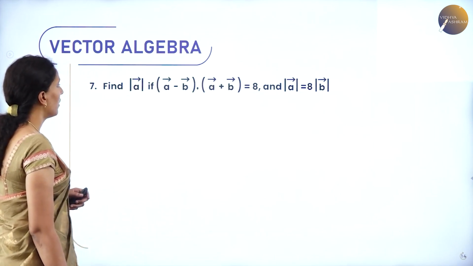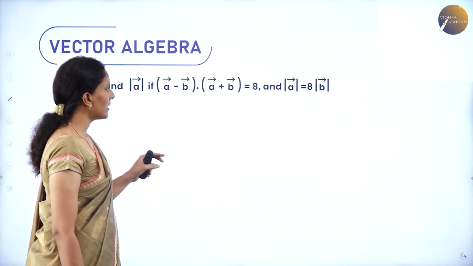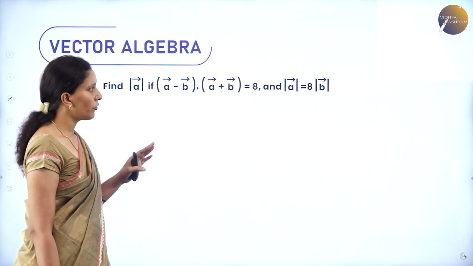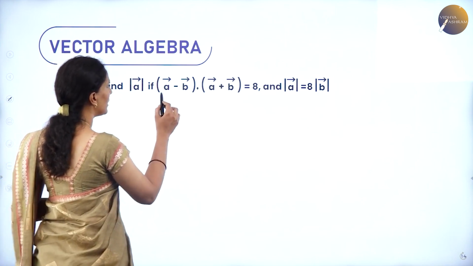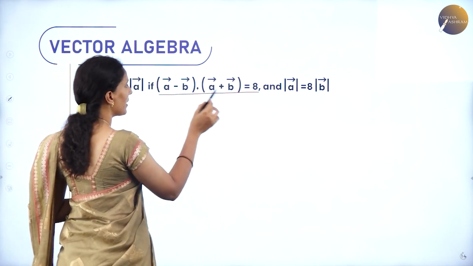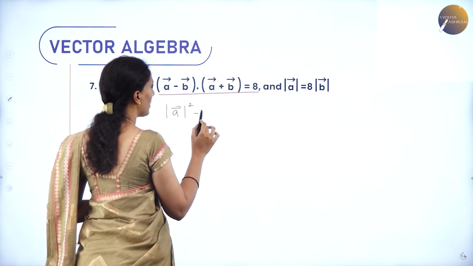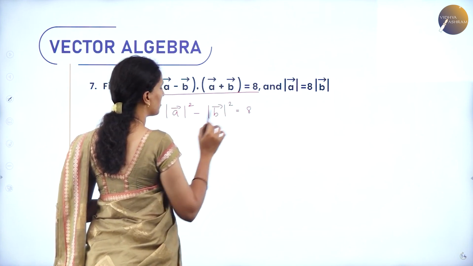Next, find magnitude of vector A if (vector A minus B) dot (vector A plus B) is equal to 8 and magnitude of vector A is 8 times magnitude of vector B. Again here using the same formula, (A minus B) dot (A plus B) can be written as magnitude of vector A square minus magnitude of vector B square is equal to 8.